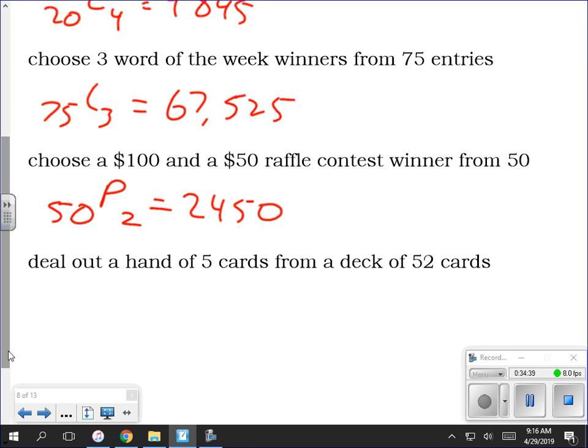Order doesn't matter. You get the 5 cards, you pick them all up at one time. So it doesn't matter which one you got first, which one you got last. So this would be a combination, right? 52 cards, choosing 5 at a time. And there are 2,598,960 different combinations.